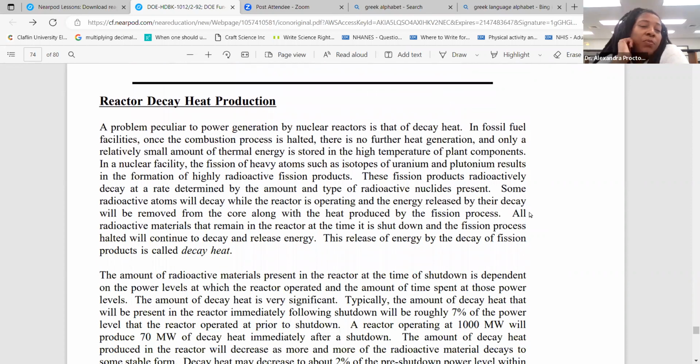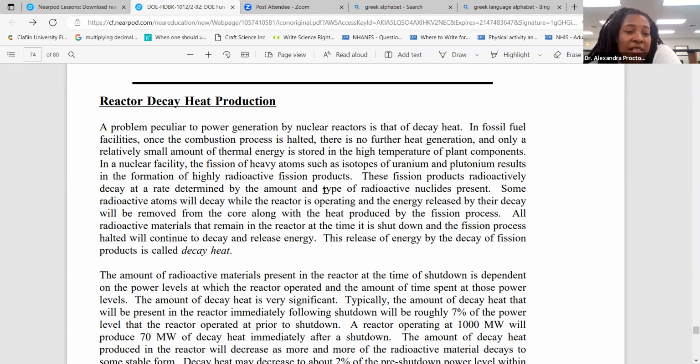A problem peculiar to power generation by nuclear reactors is that of decay heat. In fossil fuel facilities, once the combustion process is halted, there is no further heat generation, and only a relatively small amount of thermal energy is stored in the high temperature of plant components.